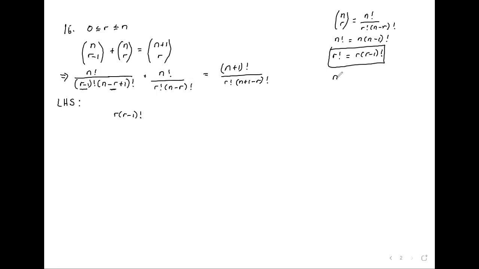N minus r plus 1 factorial can be written as n minus r plus 1 multiplied by n minus r plus 1 minus 1 factorial, because we're able to subtract the 1 from the actual number and n there. So which will give us n minus r plus 1 multiplied by n minus r factorial.